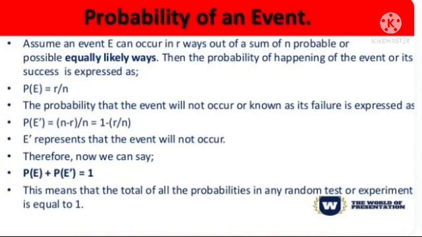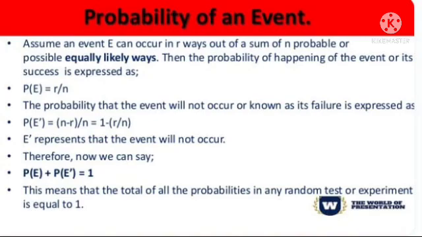The probability that the event will not occur, known as its failure, is expressed as probability of E dash, that is P(E') is equal to (n minus r) upon n, which is equal to 1 minus (r upon n).